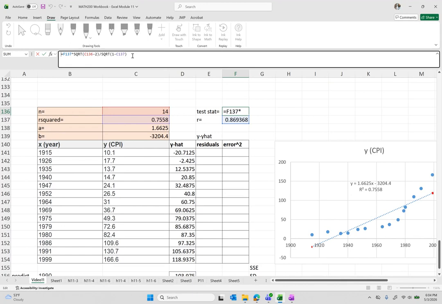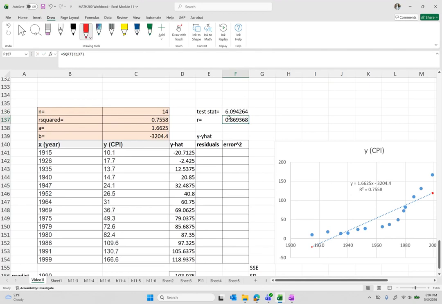I use that n, the 14 minus the 2, and then divide by the square root of 1 minus R squared, which is located in one of the cells above the X and Y data points. So I found the test statistic to be 6.094264. I'm looking for a two-tailed t-test, so I need the p-value for a test statistic like that. So I'm going to find the p-value up here.